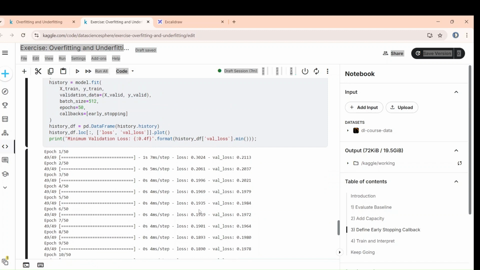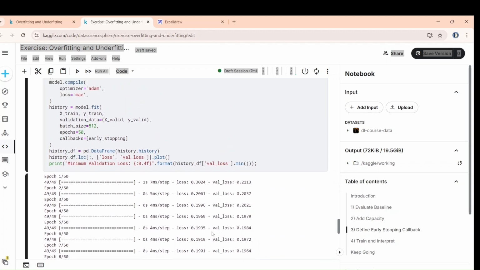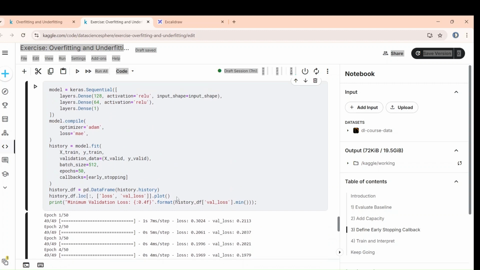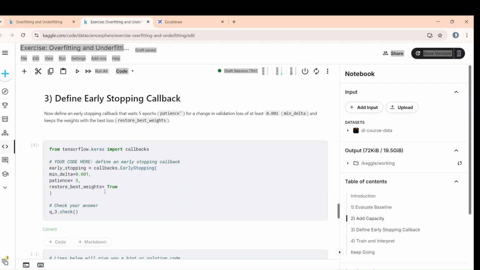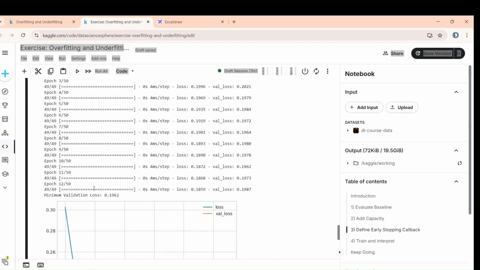Whenever it has found that the validation loss is not decreasing anymore within these epochs, it has called the early stopping, and this one is executed. This is actually called after every epoch. So whenever it finds that the criteria is matching, it will stop and restore the best weights. That is the best model.